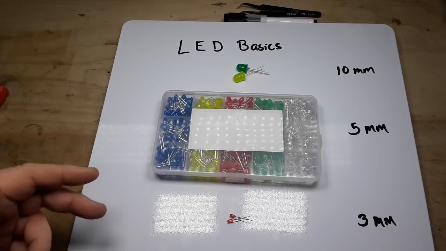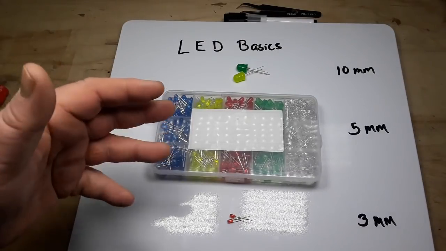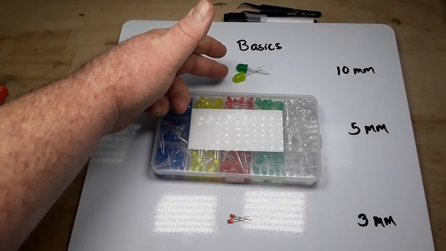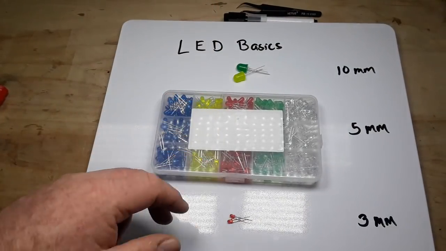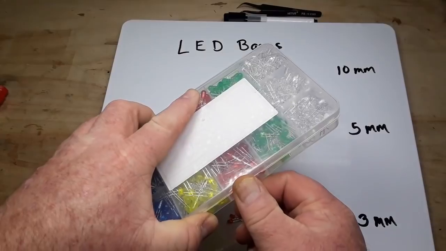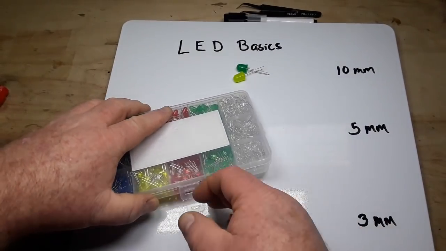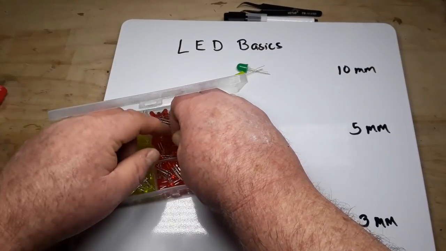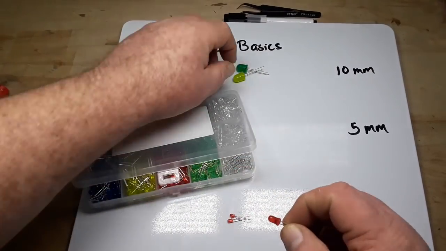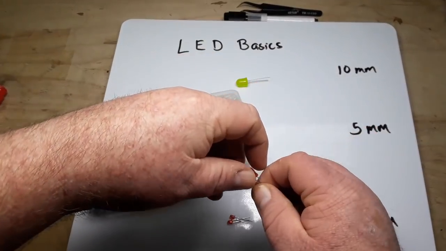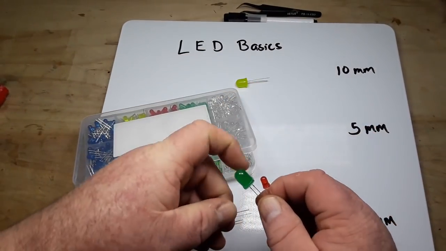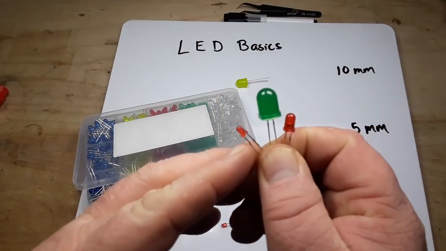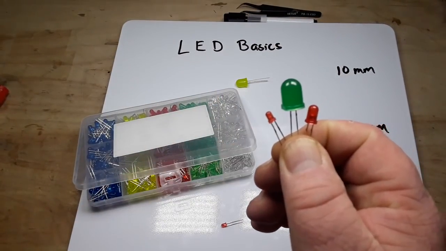So the first thing I want to talk about are the sizes. I'm sure there's more sizes than this, but these are the most common. We have 10 millimeter, 5 millimeter, and 3 millimeter. And if we hold them all up next to each other, and I'll hold them up kind of close here, so you guys can get an idea of the size difference.